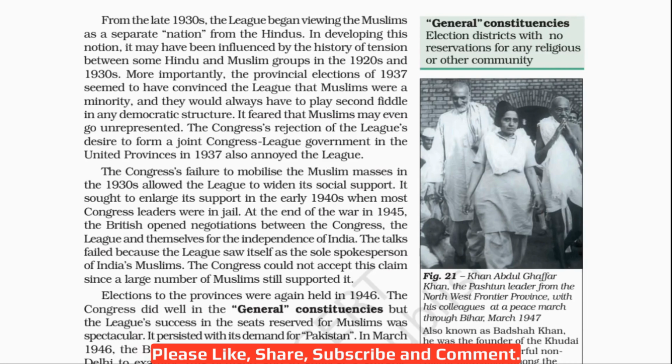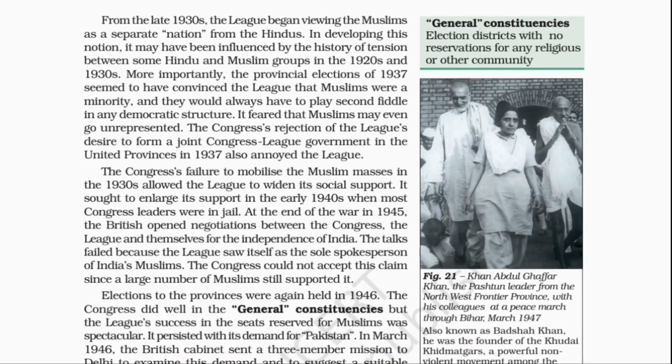At the end of the war in 1945, the British opened negotiations between the Congress, the League, and themselves for the independence of India. The talks failed because the League saw itself as the sole spokesperson of India's Muslims. The Congress could not accept the claim since a large number of Muslims still supported it.